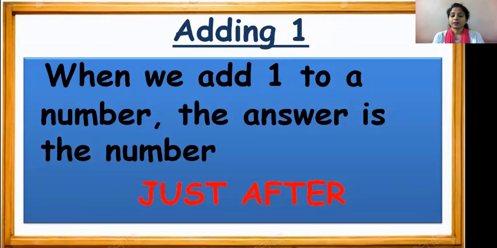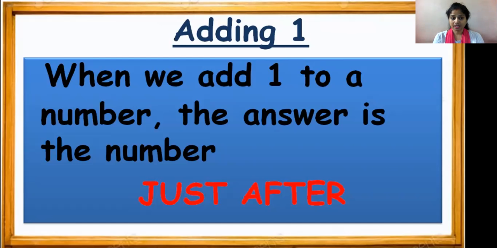So you have already done this thing, adding 1 to any number. Like we have number 4 and we want to add 1. Adding means putting the things together. What will we get? 1, 2, 3, 4, 5.